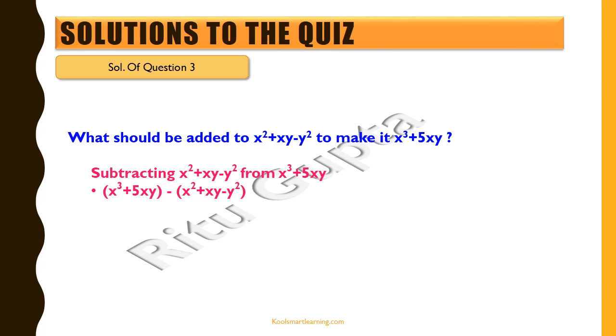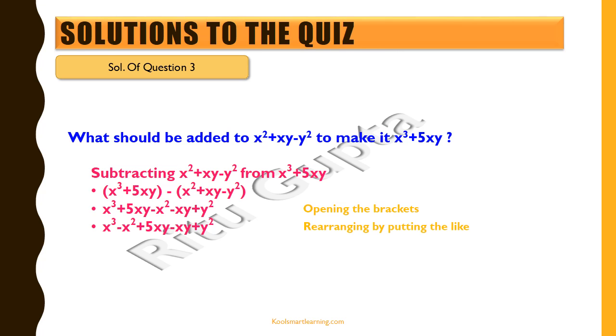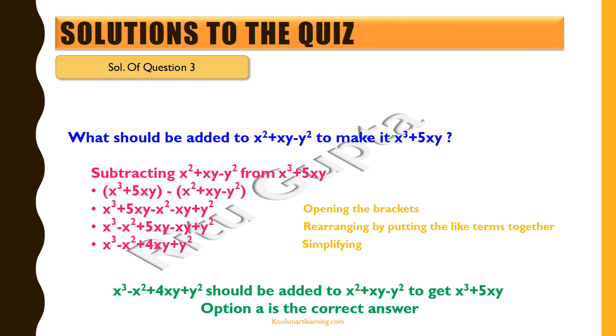Now let's open the brackets and it becomes x cubed plus 5xy minus x square minus xy plus y square. And bringing the like terms together, it becomes x cubed minus x square plus 5xy minus xy plus y square. And that becomes x cubed minus x square plus 4xy plus y square. So this term should be added to x square plus xy minus y square to get x cubed plus 5xy. So option A is the correct answer.